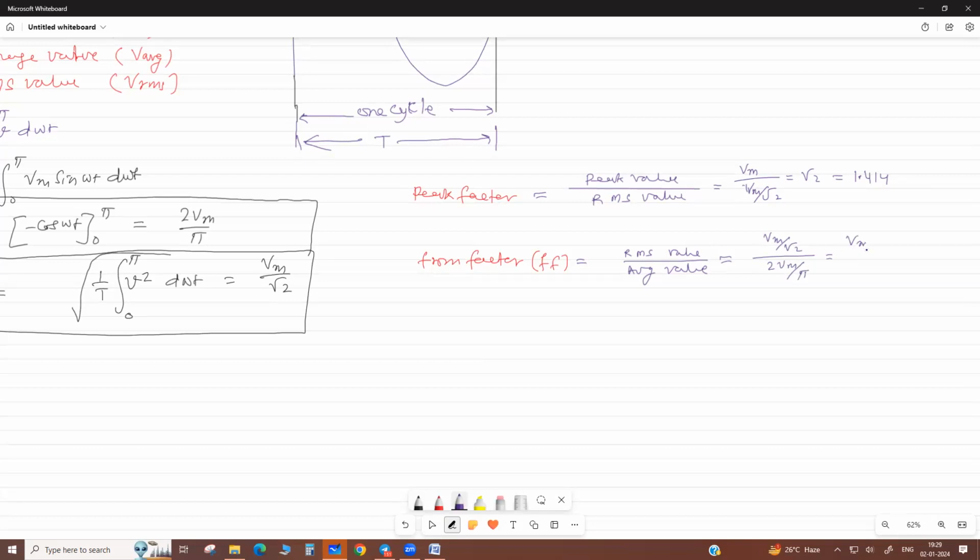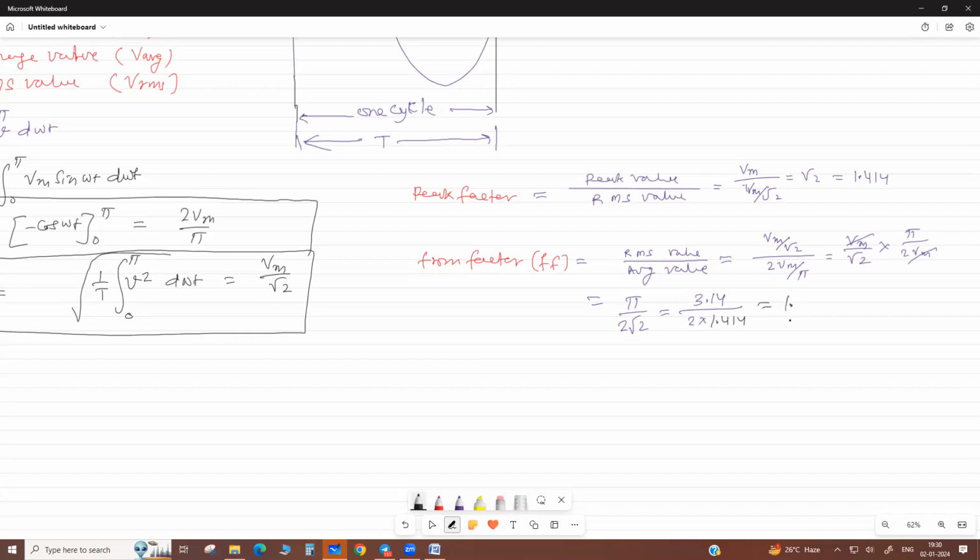So now VM by root 2, we convert into multiplication, then it is inverse, na, pi by 2VM. VM cancels, so it becomes pi by 2 root 2. 3.14 divided by 2 into root 2 means 1.414 into 2, 1.11.